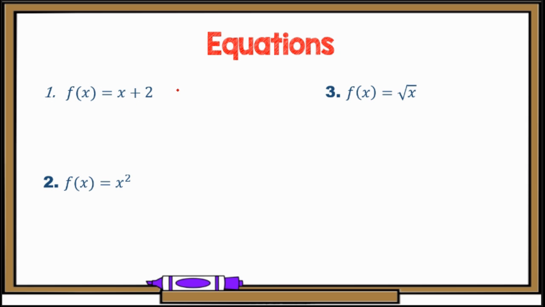For example, the points that I want to use are 0, 1, negative 1, and 100. So let's start with f of 0. It is 0 plus 2, which is equal to 2.